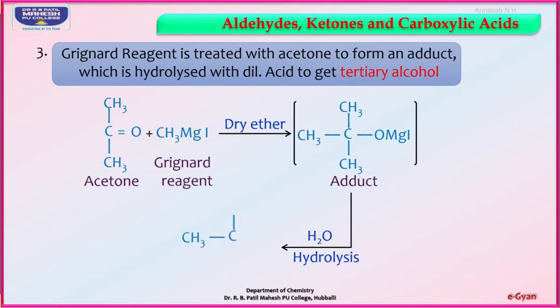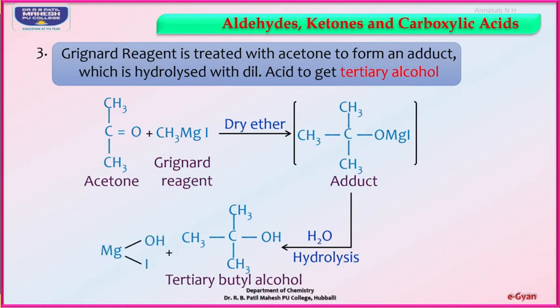(CH3)3C-OH. The OH group is attached to a carbon atom, which is further attached to 3 other carbon atoms. Hence, it is known as tertiary alcohol. So the name of the compound is tertiary butyl alcohol, and the byproduct formed is MgOHI.